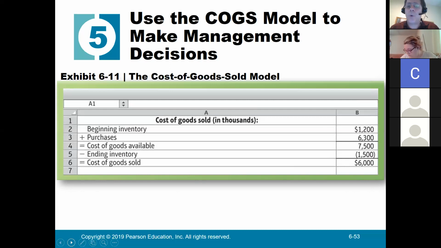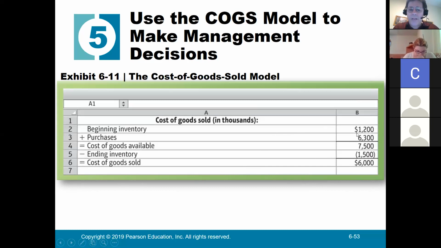This is an important formula. If you're missing any information, this is a way to figure out what you may be missing. This is one of those things in accounting that is probably worth memorizing. I don't like memorizing a lot of things in accounting, but this is probably worth it.